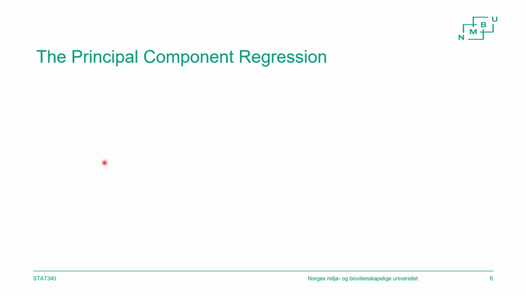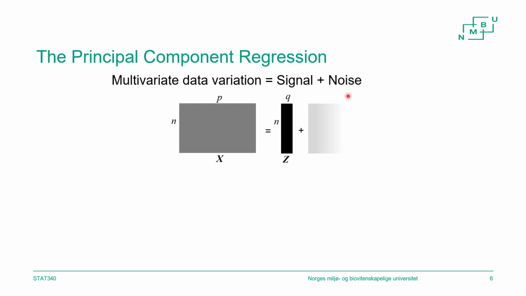So first, the principal component regression. What is this? Remember from week 2 we talked about PCA, and we said that the multivariate data variation we see in a data set, in a table, can be split into a signal part and a noise part. Then we did PCA according to this picture here. We have the full data table X with P columns and N rows.